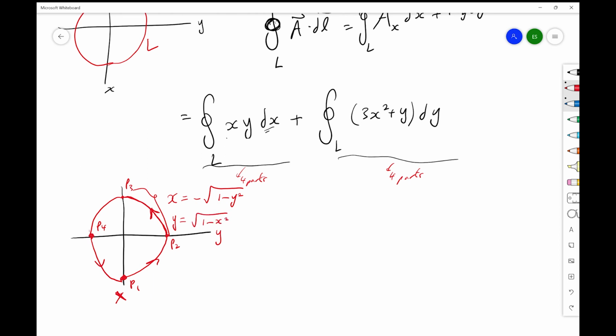Okay. What about this arc? On this arc, x and y are positive, so x is going to be square root of 1 minus y squared. This is the circle equation. And y is going to be square root of 1 minus x squared. And then along this arc here, well, y is negative, x is negative.